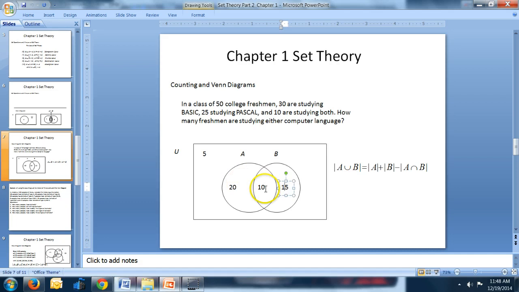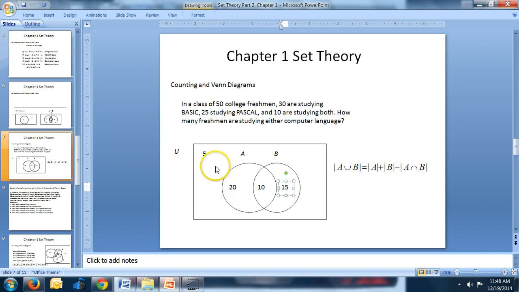We have 25 all in B. So in order to identify this part in here only, we subtract 10 from 25, we get 15. So now the union has 20 plus 10 plus 15 equal to 45, which we can also get from here by taking 30 plus 25 minus 10 equal to 45.